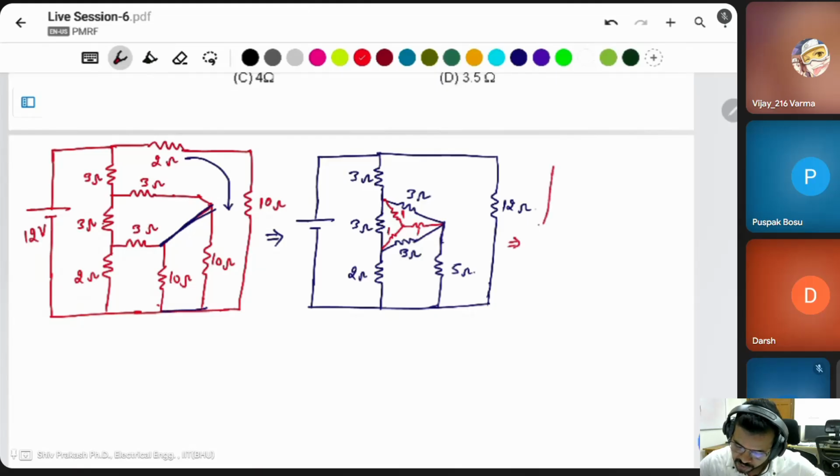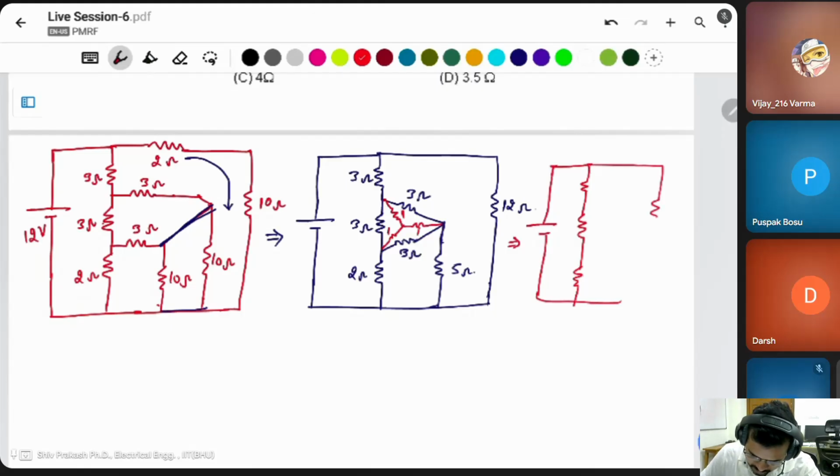If S1 is closed and S2 is open, then this is the open circuit, and this is the short circuit.